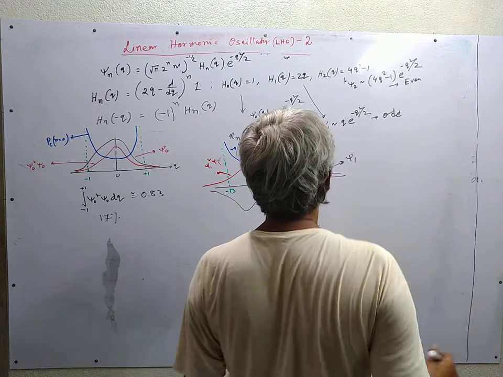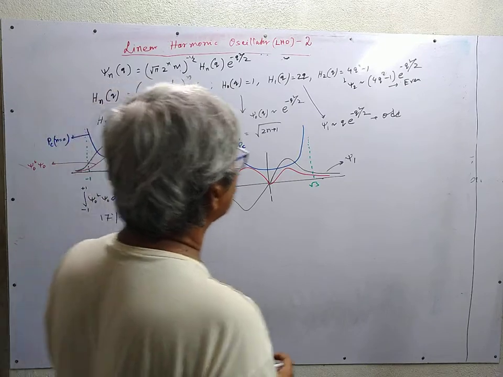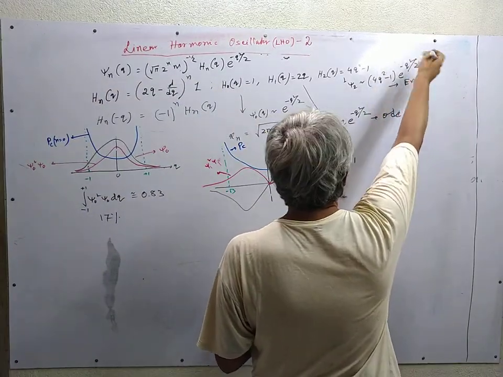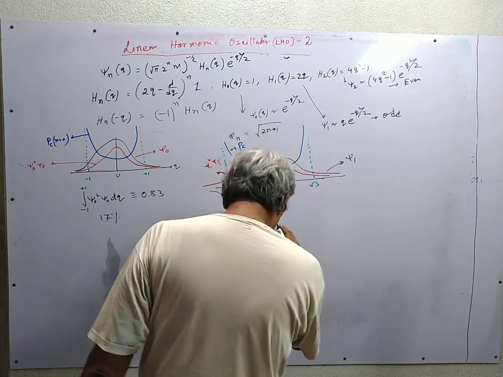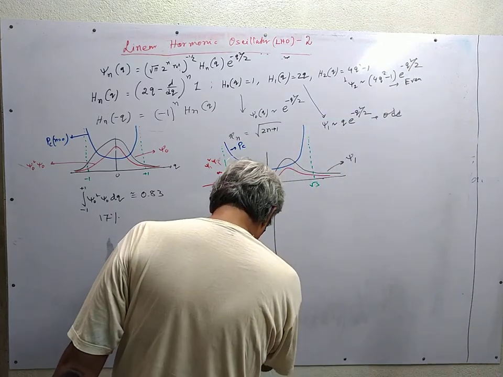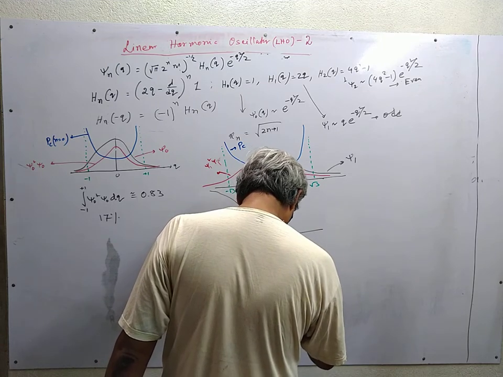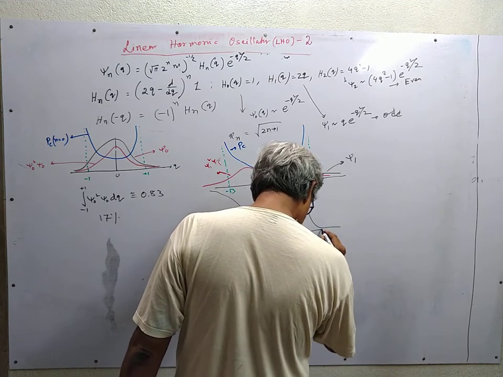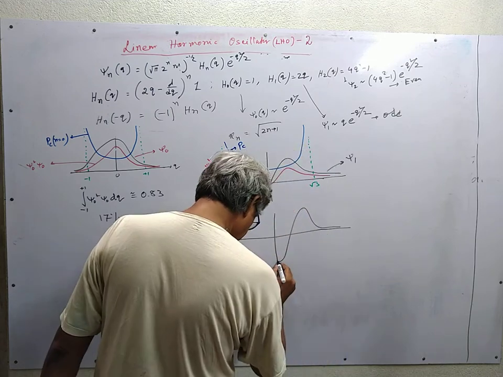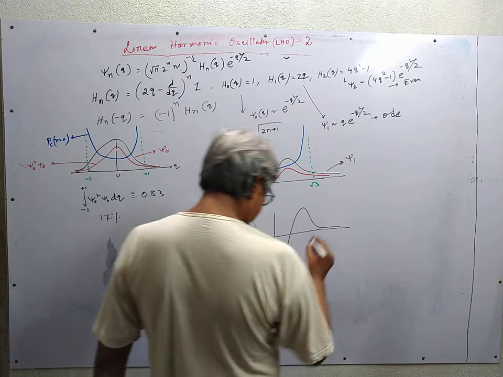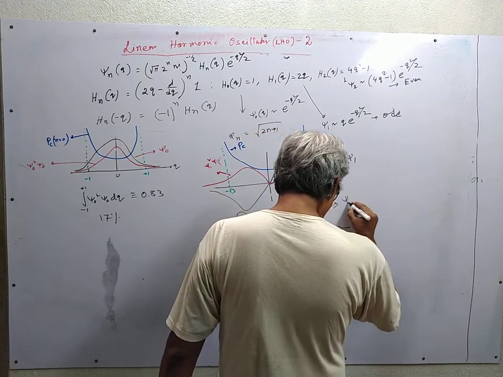At q equal to 0, the wave function is negative, and then increases. So the plot of this function will be like this. This is wave function phi 2.